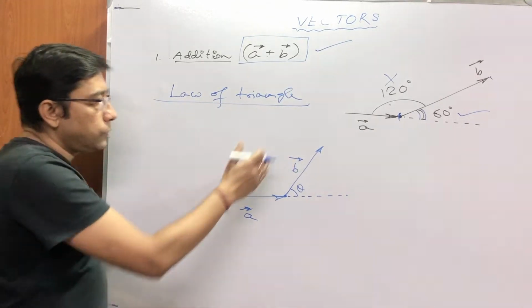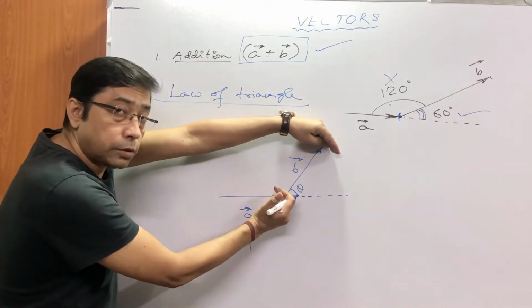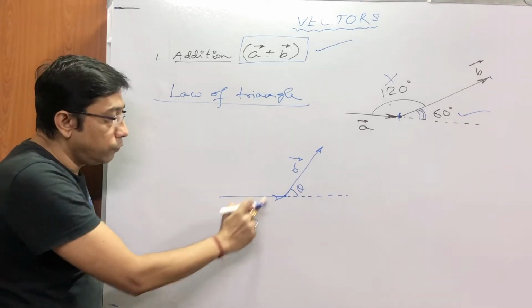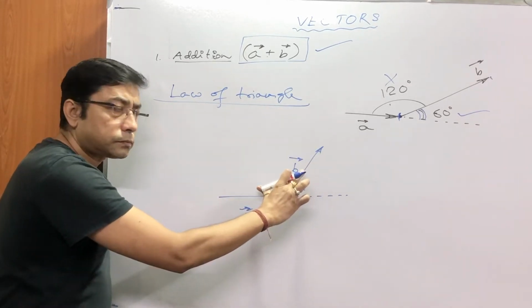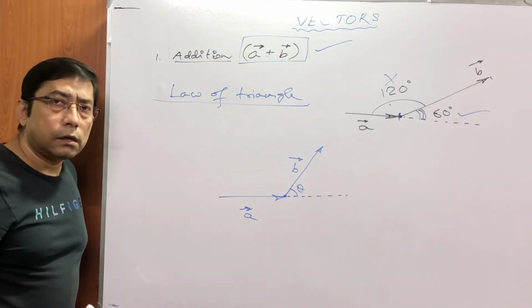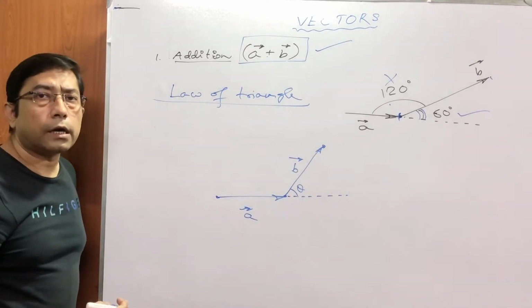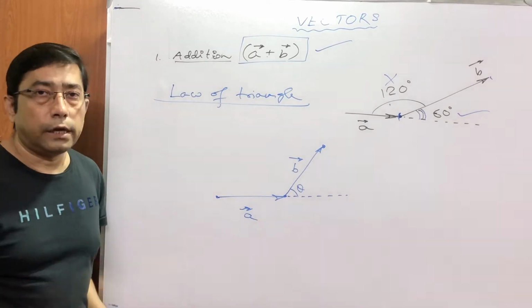If we can represent two vectors by both magnitude, that means length, and direction, that is angle and arrow, in this way, then the third side of the triangle, from this point to this point, represents the net result, that means the resultant.